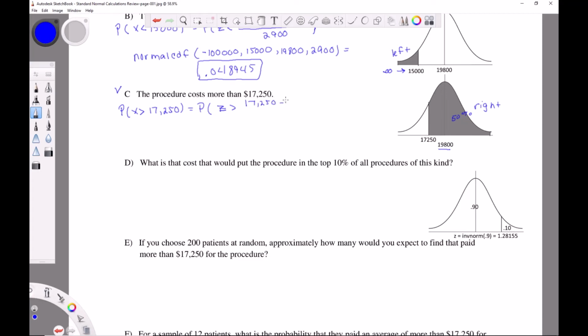That's going to be the same as the probability that z is greater than 17,250 minus 19,800 divided by 2,900. So again, normalcdf. We're going from 17,250 up to infinity, right? So I'm just going to put like 100,000, some big number, 19,800 and 2,900.